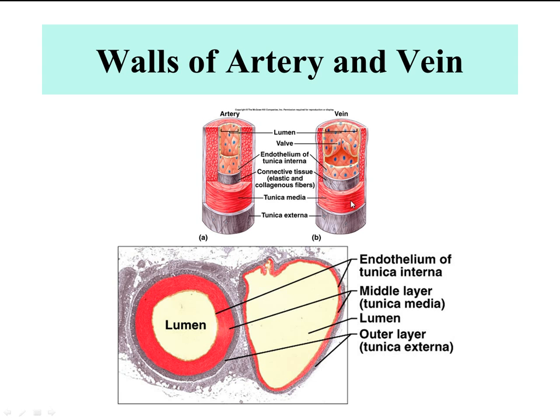Looking at the artery and the vein, let's look at the different layers. Let's start with the innermost layer, the layer that lines the lumen. It's called endothelium. Now endo, we've seen that prefix before, meaning innermost. It's a simple squamous epithelial layer.